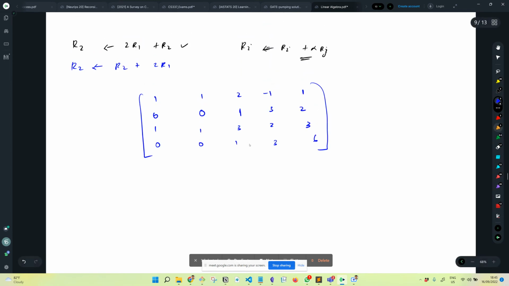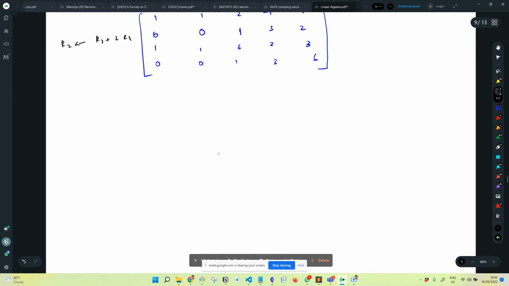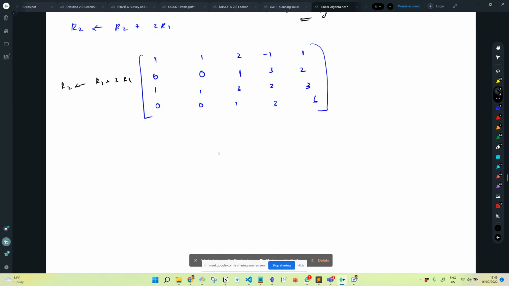Right? How did we obtain this matrix? We obtained it by applying the operation R2 equals R2 plus 2 times R1. Now, following our procedure, next we want to target this entry. We want to make this entry 0. Can somebody suggest an operation?